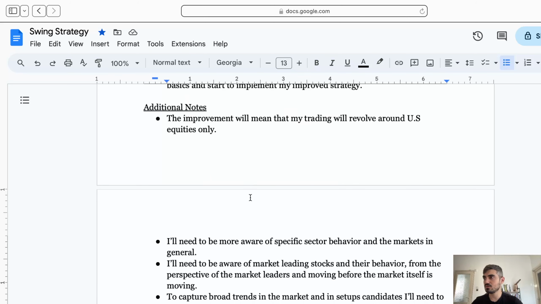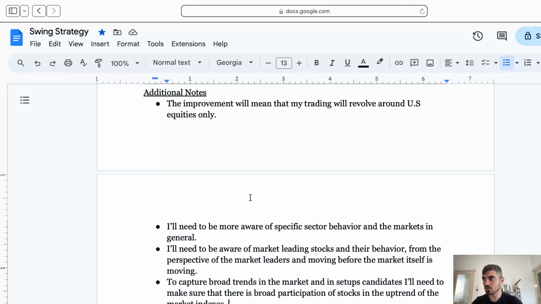Some additional notes on my side. The improvement will mean that my trading will revolve around US equities only. Up until this point, I was trading global equities. I'm going to focus from now on US equities. Why is that? Because at the end of the day, most of the world is investing in US equities.